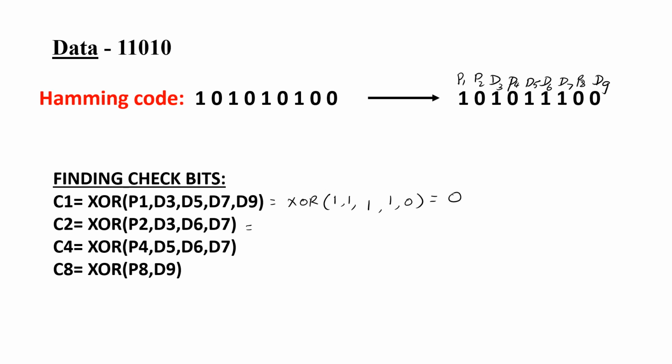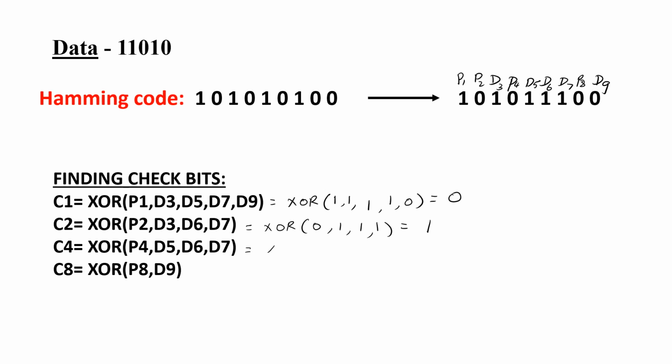Then C2 is equal to the XOR of P2 is 0, D3 is 1, D6 is 1, D7 is 1. So an odd number of 1s, so the check bit C2 is 1.